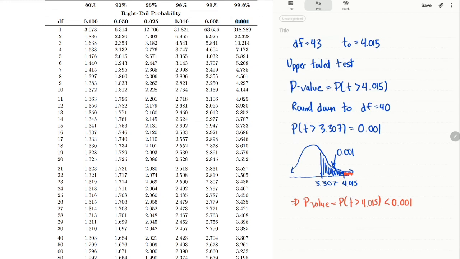So using interval notation, we could say that the p-value is between 0 and 0.001.